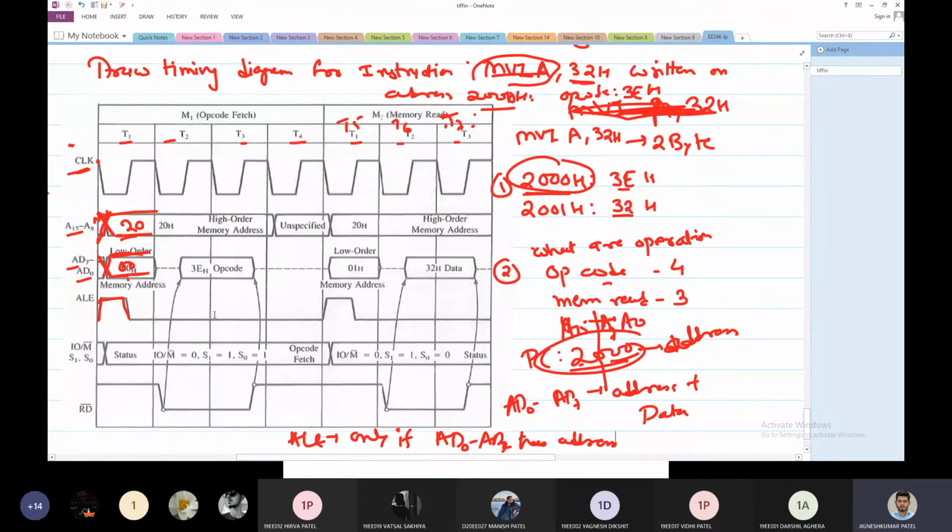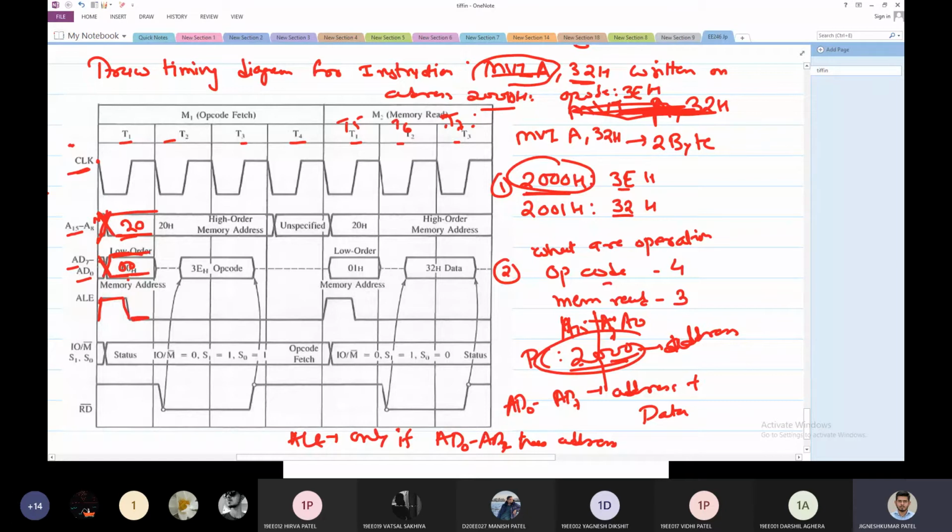So whenever it places an address on AD0 to AD7, it will send this ALE signal. The ALE signal notifies that AD0 to AD7 has an address and not data. So ALE helps us understand whether the bus has data or address. If ALE is high, that means this is an address. If ALE is low, that means it is data. Okay, so this is the first step.